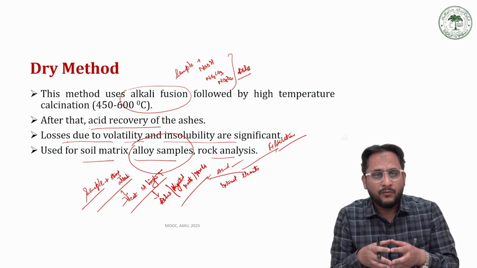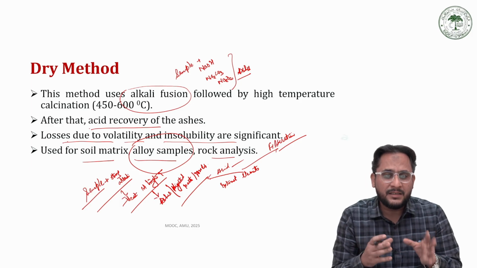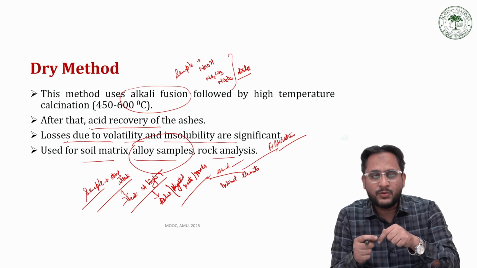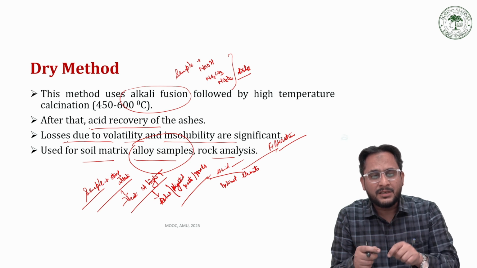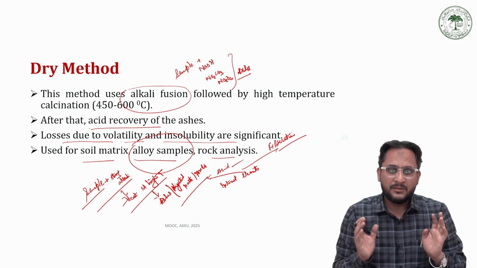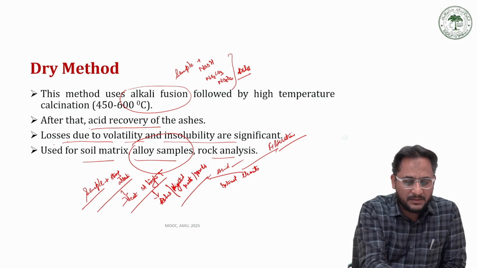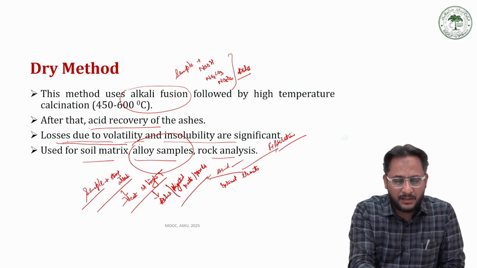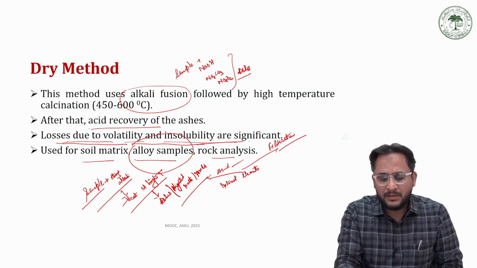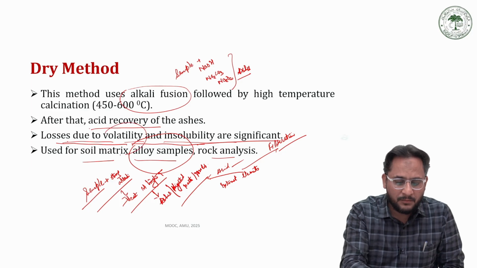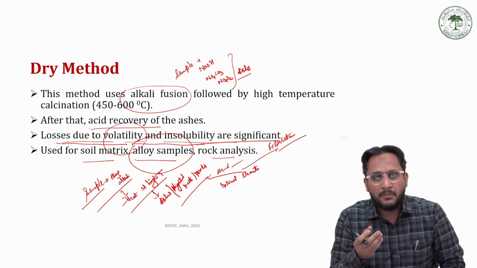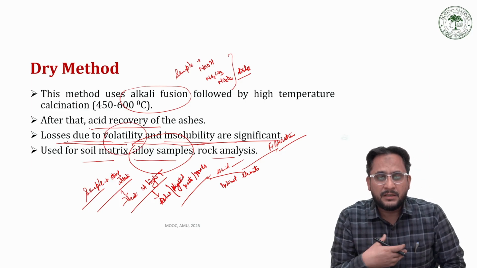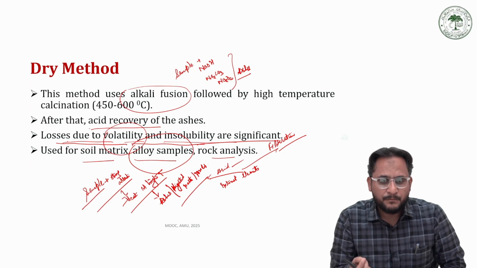We can still analyze and detect those samples, but if the amount is low, the quantitative analysis will not be reliable. That is the main disadvantage of this method: volatility and insolubility issues. Sometimes due to high temperature some of the metals evaporate. When they evaporate, the detection will not be possible.